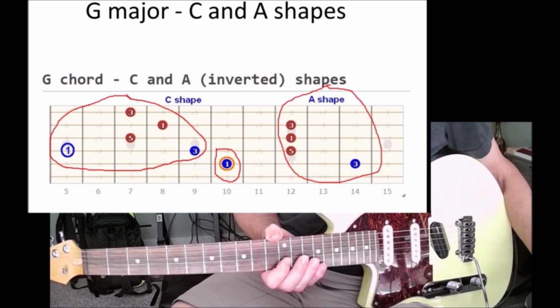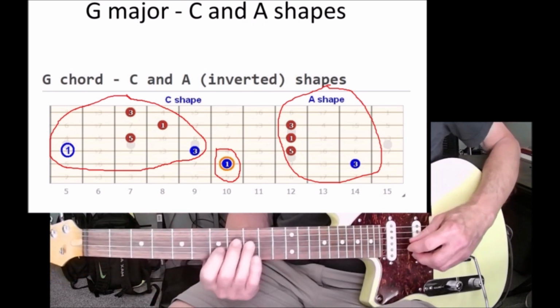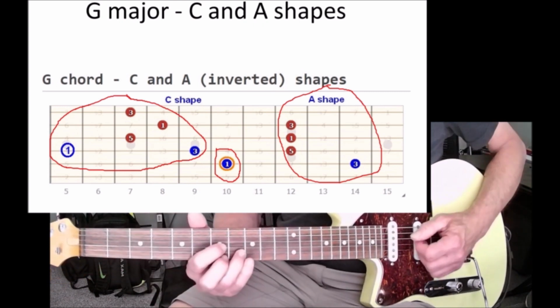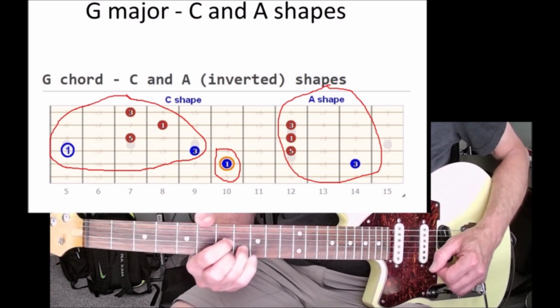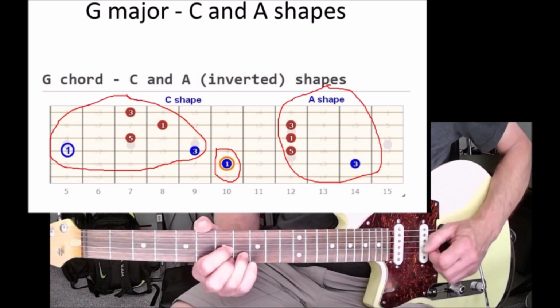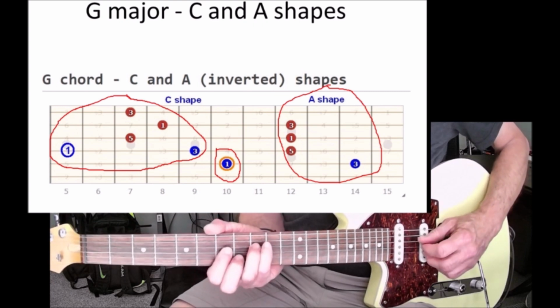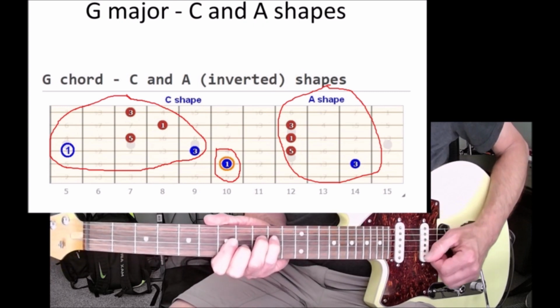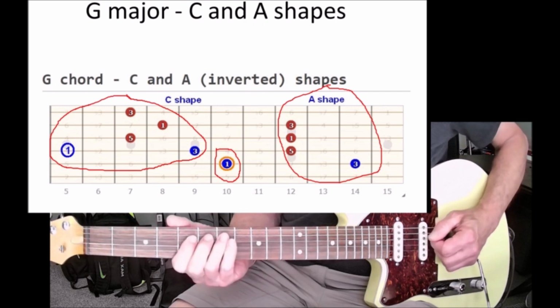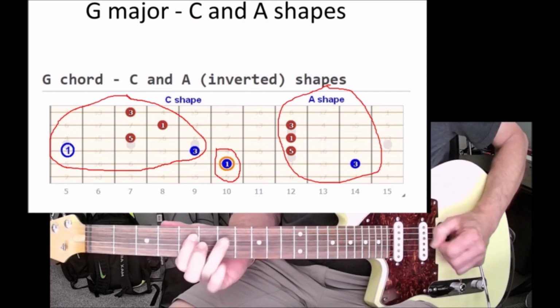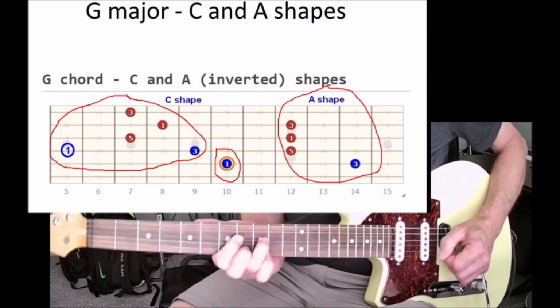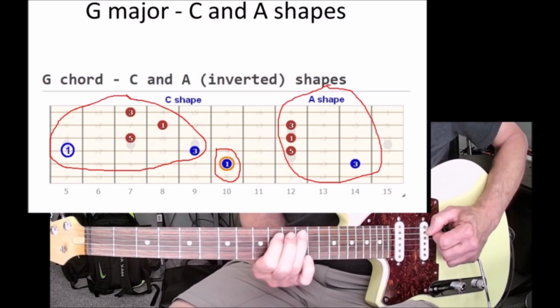Okay, so here's something that's also very cool. Now, going back to this triad here, I'm going to play this inverted shape of it. That's a real common thing to do here as well.